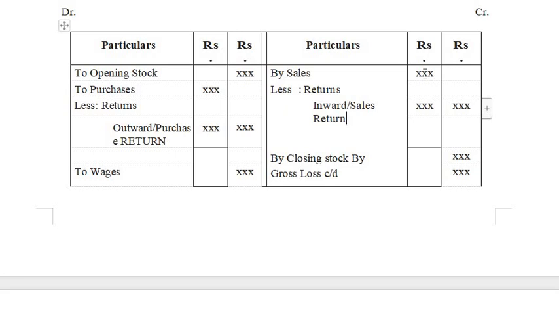For example, sales is 10 lakh rupees, return inward or sales return is 90,000 rupees. From 10 lakh, if you subtract 90,000, you write here 9 lakh 10,000 rupees.